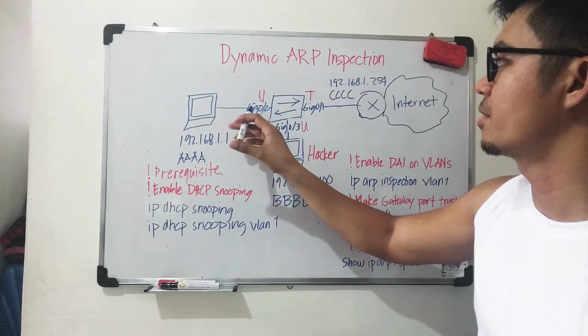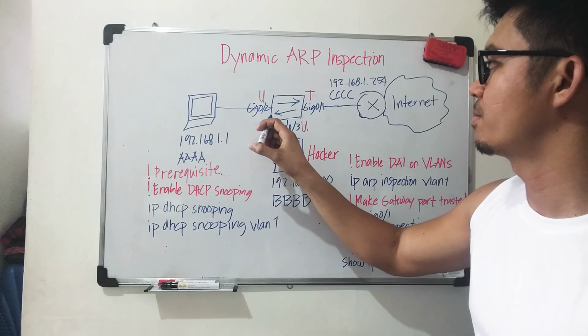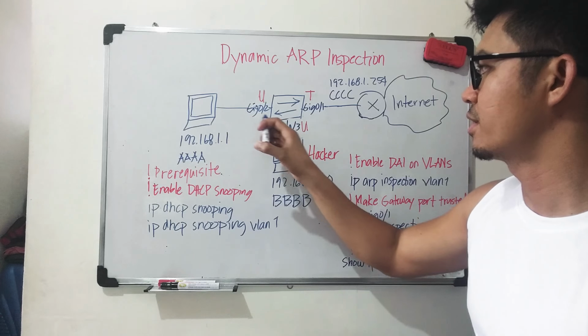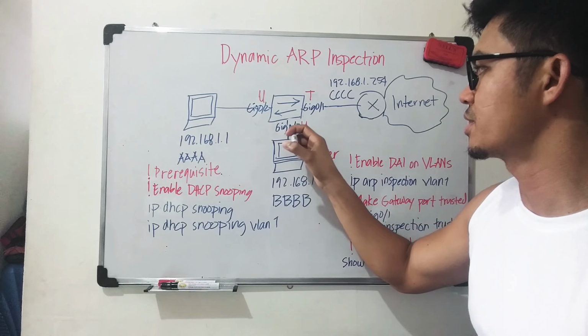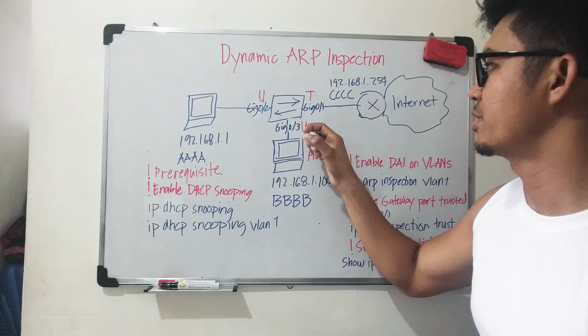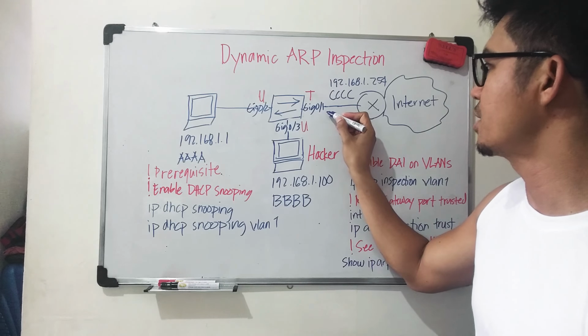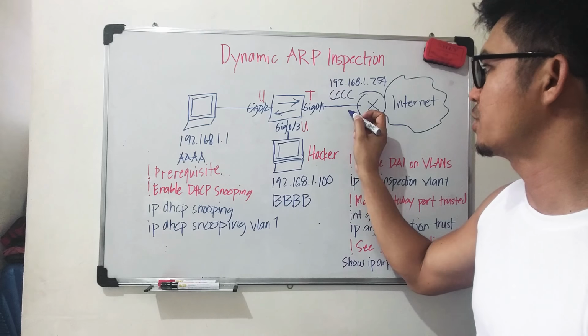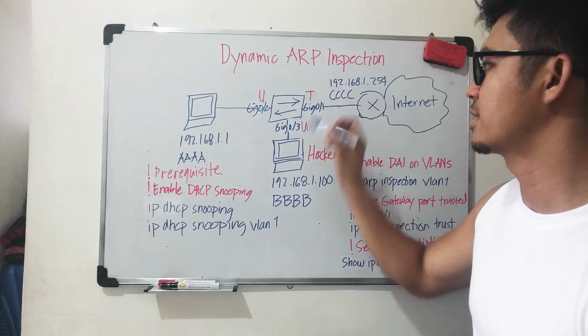So as you can see here, the switch can make these ports here, gig 0/2 and gig 0/3 untrusted ports, and just make this port here, gig 0/1, connected to the real gateway, a trusted port.